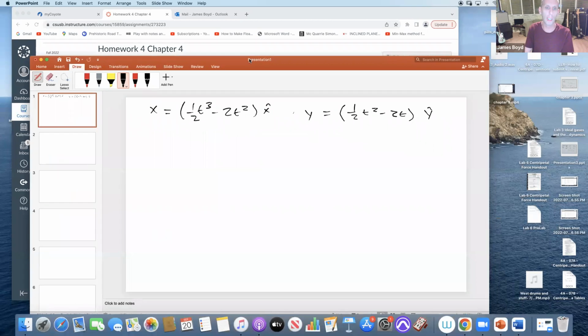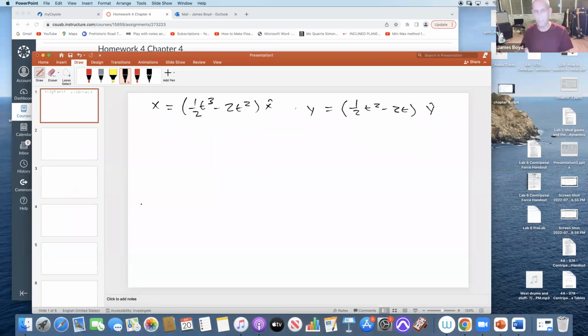Now, in order to find the speed, we need to find the velocity magnitude. And in order to find the velocity magnitude, what we need to do is find the velocity.